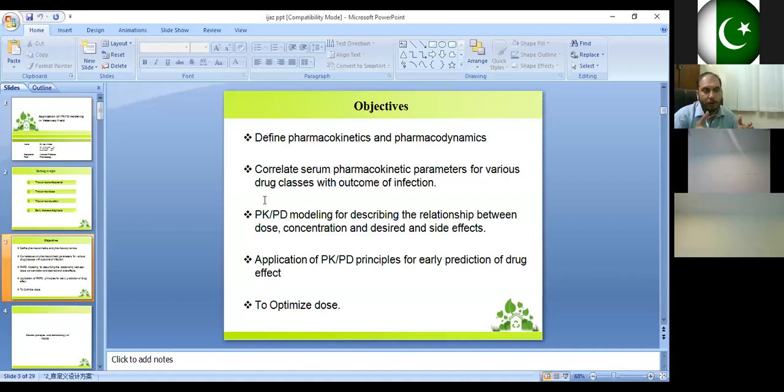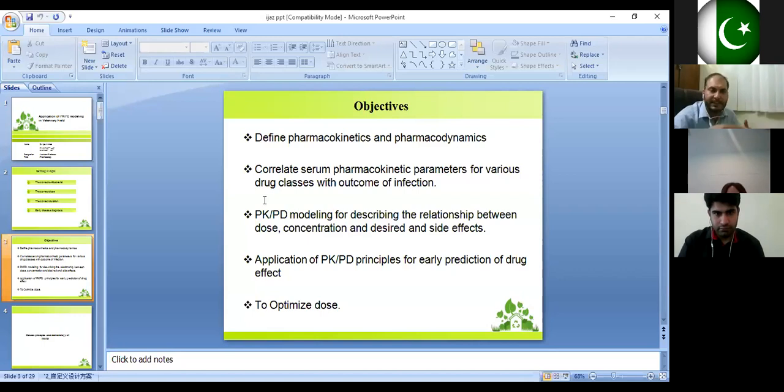Third is pharmacokinetics and pharmacodynamics modeling. When we know about the pharmacokinetics and pharmacodynamics, we will explore, and then we will make a model for dose optimization, which will be used to describe the relationship between dose, concentration, and desired end effect.